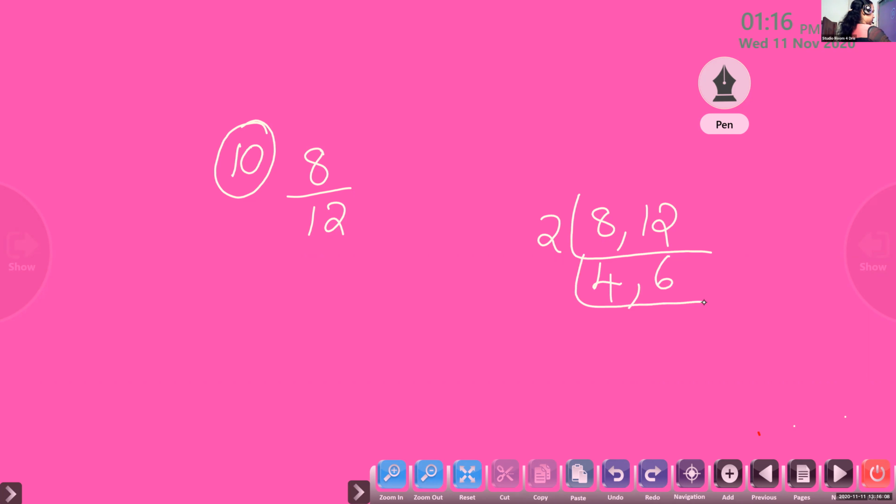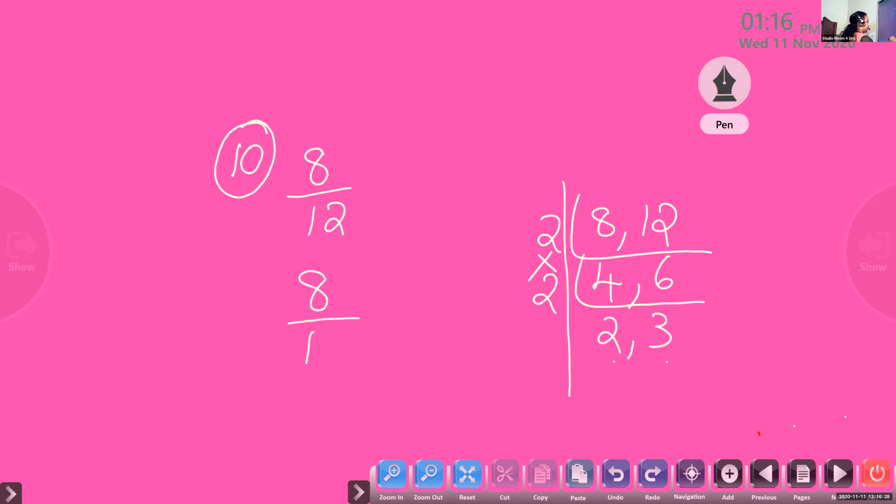Again, divide by 2. 2 into 2 is 2, 4, 3 threes are 6. So children, in HCF, I will not make this into 1, 1. Here we will stop. So what is the HCF? 2 into 2, 4. So you can divide by 4.